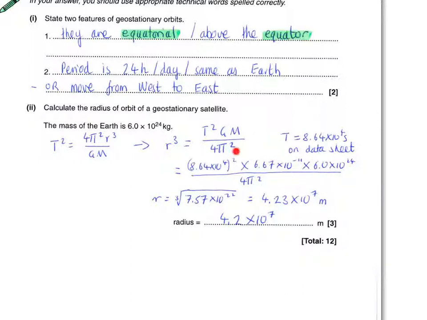So there's the 8.64 times 10 to the 4 squared, there's the value of G, 4 pi squared, and you had to do a cube root of a number at the end, and you end up with that. Not an easy bit of maths, but 3 marks for substituting some numbers into an equation seems relatively generous to me. So that was G484 homework booklet question 23.